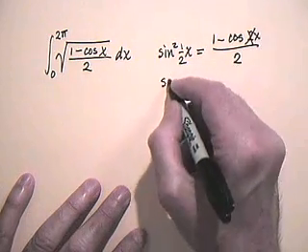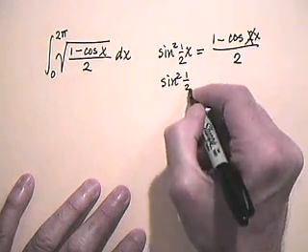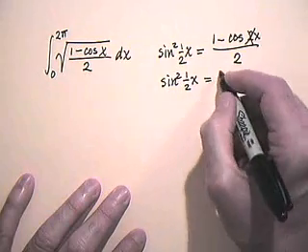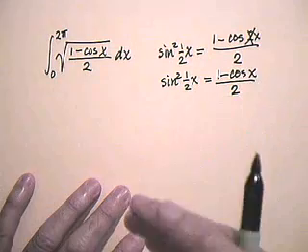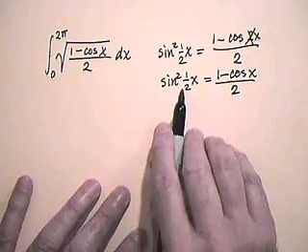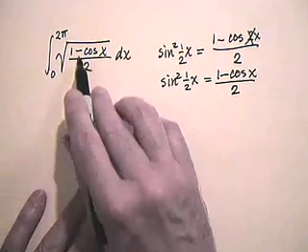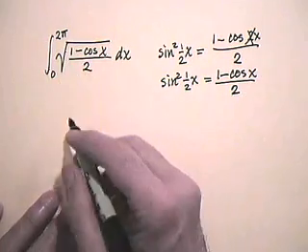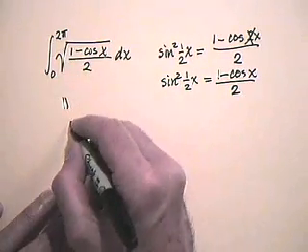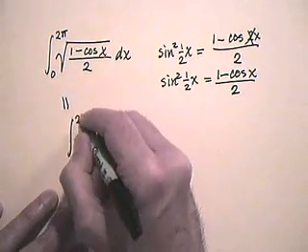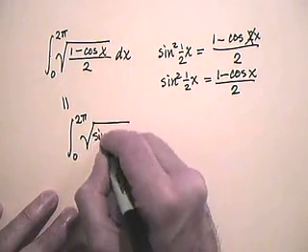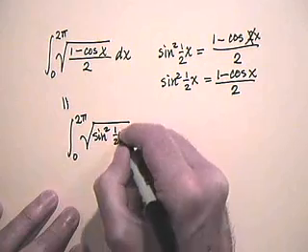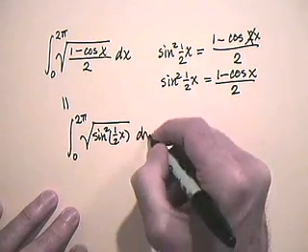Well, let's write that clearly now. Sine squared of 1/2 x is 1 minus cosine x all over 2. So we'll simply use this substitution for the quantity in the radical. So this integral then becomes the integral from 0 to 2 pi of the square root of sine squared of the quantity 1/2 x dx.